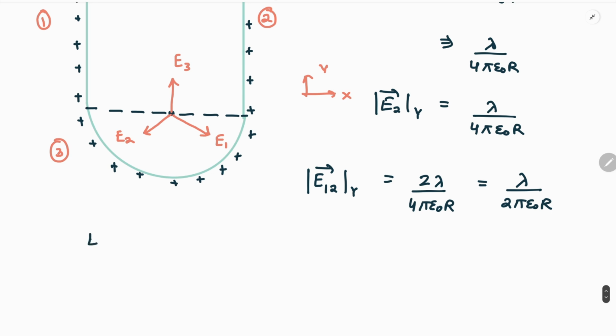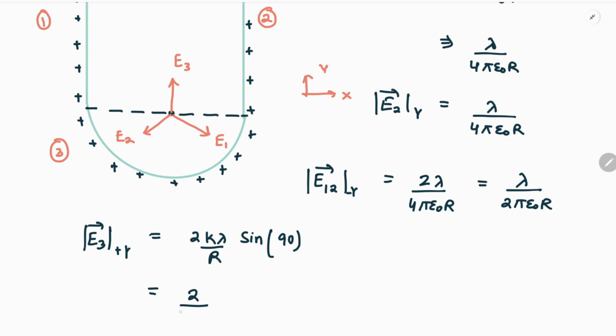For the charge configuration E3, the magnitude is in the positive y direction. This one is in the negative y direction. So in the positive y direction, the value is again treated over here as for 180 degree. So we can write the formulation 2k lambda by r sin phi by 2. So in this case 90 degree.